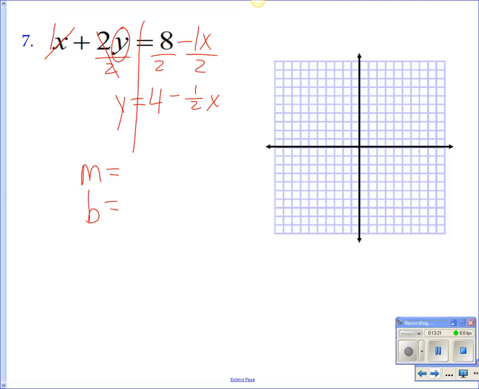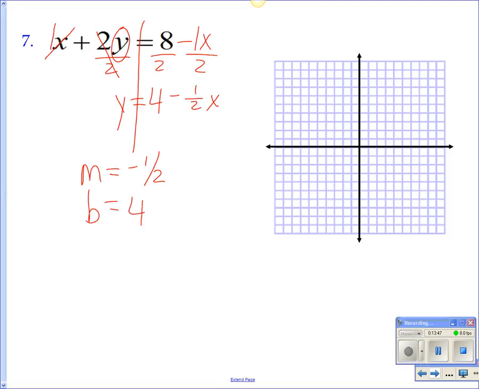Monica, what goes for my M? M is always with the X. -1 over 2. M is -1 over 2. Okay? Gracie, what's my B for? So it doesn't matter what order this is in. M is always the one with the X. It doesn't matter what order it's in. Okay?